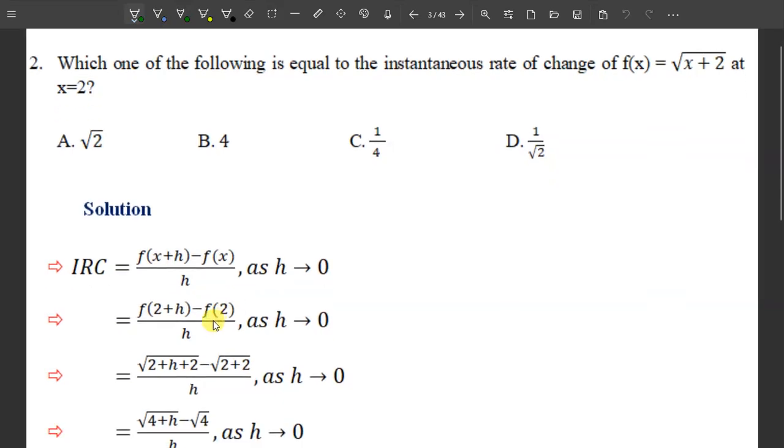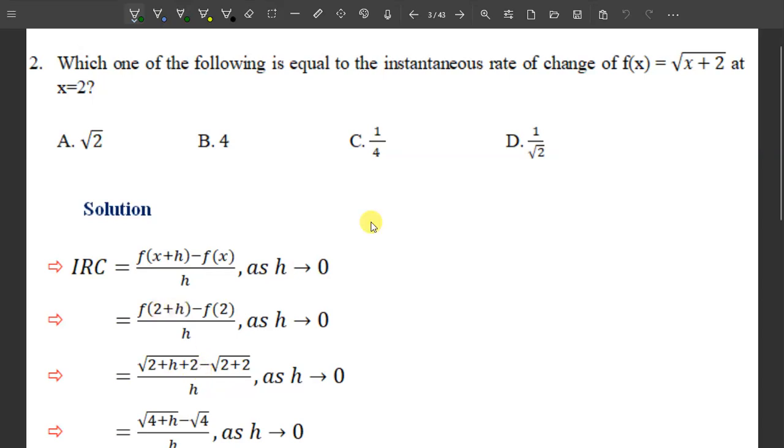Replace x0 by simply x. Here, at x equals 2, the instantaneous rate of change becomes the limit of f of 2 plus h minus f of 2 over h as h goes to 0. Then, since our f of x is the square root of x plus 2, f of 2 plus h becomes the square root of 2 plus h plus 2.